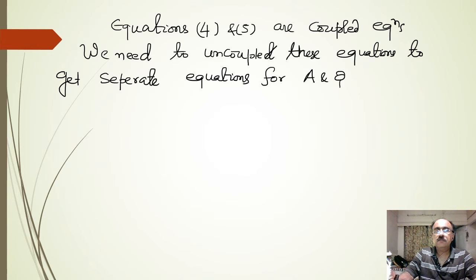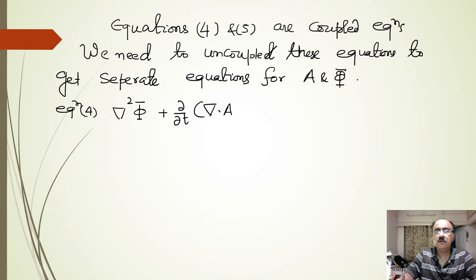If you look at equations 4 and 5, for example, equation 4 gives del square phi plus del upon del t of divergence of A is equal to minus rho upon epsilon naught.